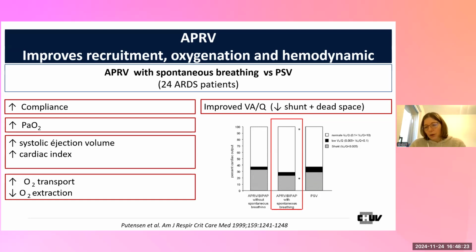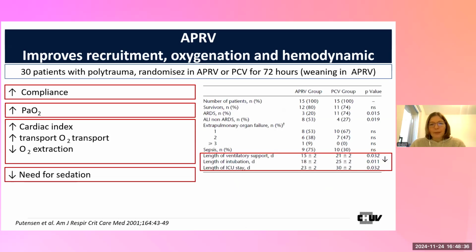And overall, the authors also demonstrated an improved ventilation over perfusion ratio, which was explained by both a decrease in shunt and dead space. And here, another study, also a physiological study. This time, we have 30 patients with polytrauma.